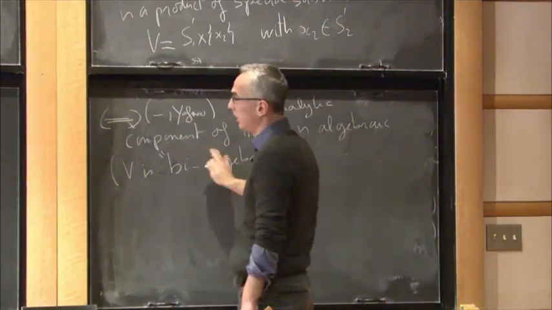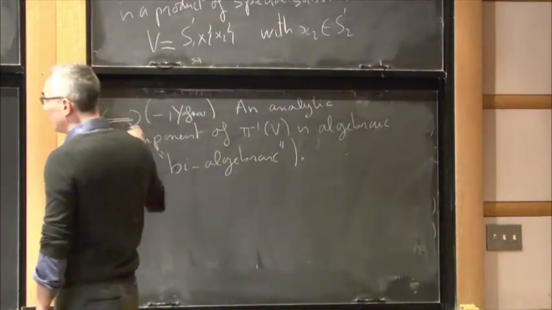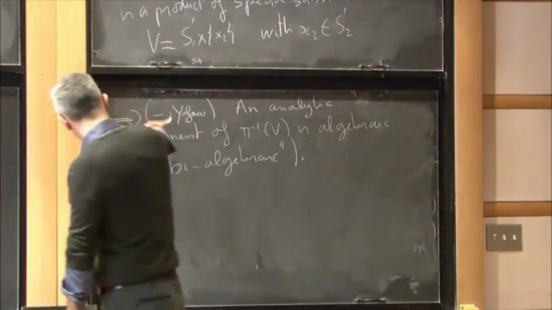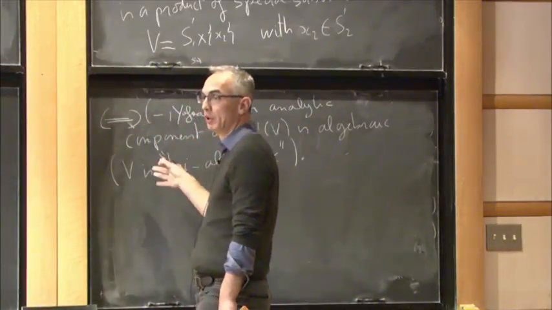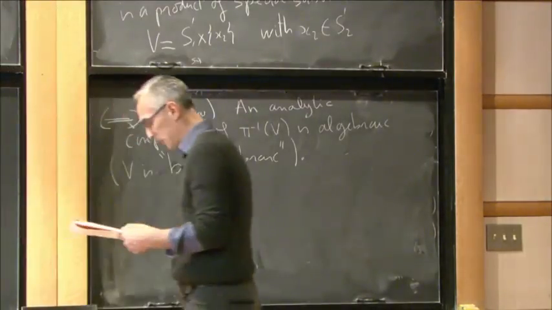So this is a particular case. It's the basic case of the main theorem, but this one is proved by the monodromy argument, and this one by other kinds of stuff. I will try to explain.